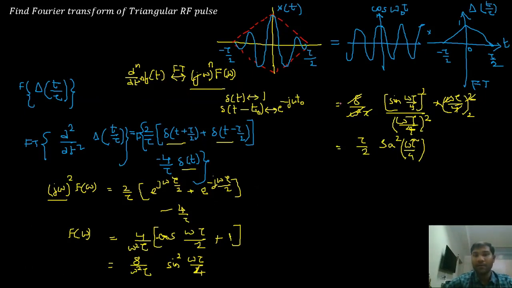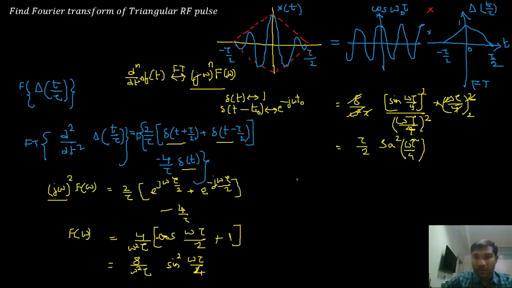Now I'll find for the x of tau. Now x of tau is a product of these two functions. So what can I write? Instead of cos omega naught t, I can write e power j omega naught t plus e power minus j omega naught t by 2.